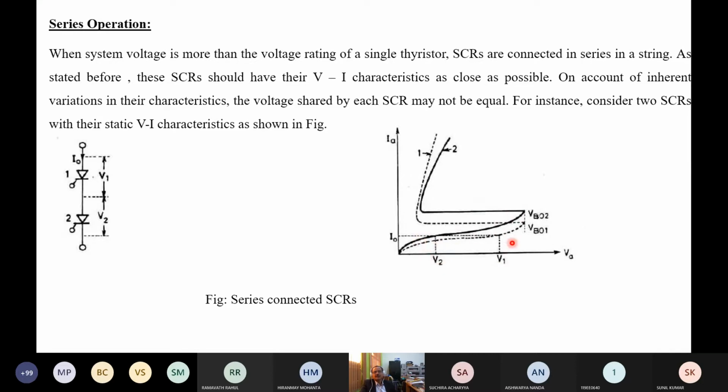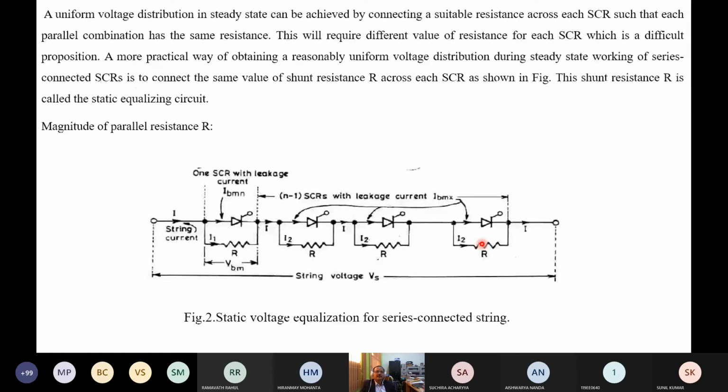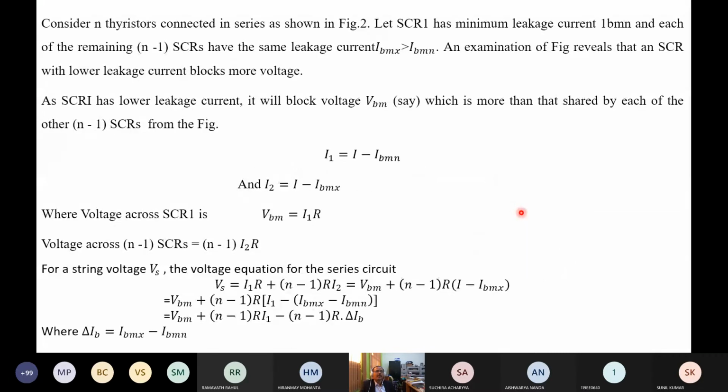The dotted line has less leakage current, so it is blocking the maximum voltage, right? So we will calculate a value of resistance so that the differences in the voltage distribution are minimized.